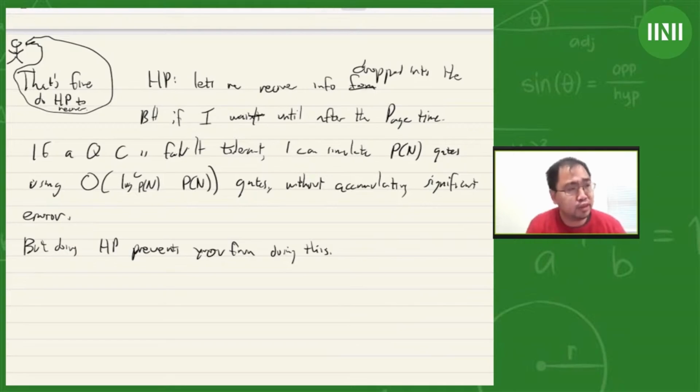If you use the arguments by Daniel and Patrick, this is some quasi-exponential thing. So it takes a very, very long time to actually perform this protocol to extract information that you drop into the black hole, and to convert it into some useful form, to descramble it, if you like. So Hayden-Preskill prevents you from satisfying this condition.